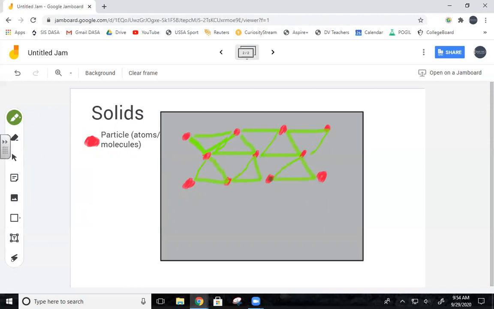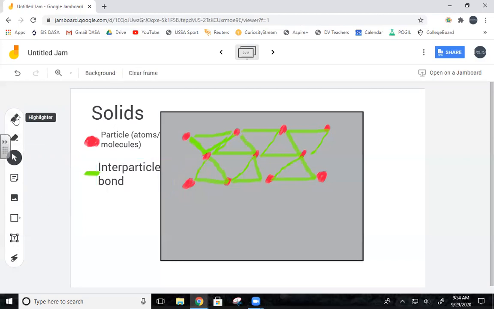They are bonded together in a pretty consistent structure, okay? So the green line means a bond or a strong interaction, okay? An interparticle interaction. We'll just do bond, okay? Interparticle bond. Okay?